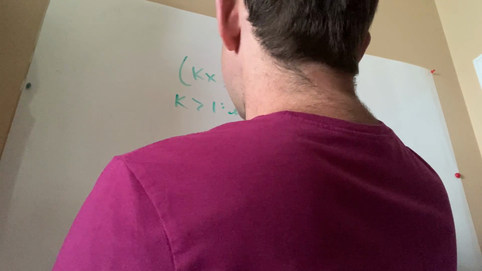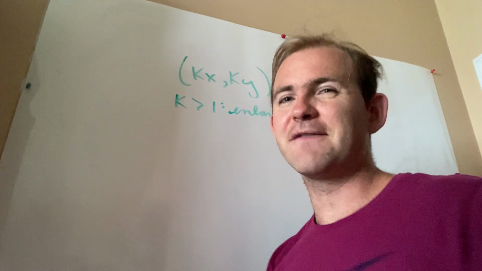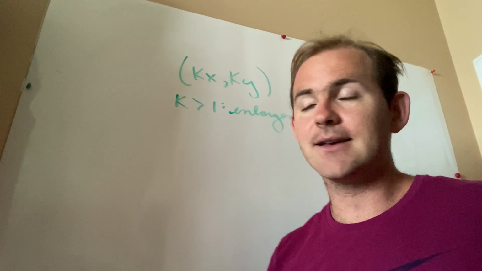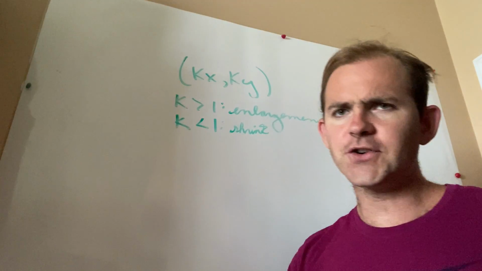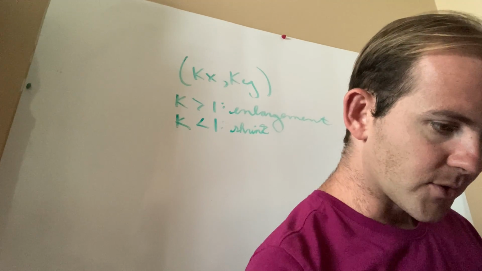Now, if k is greater than 1, we would say that this is an enlargement, right? Think about it. If k is 2, that means it's getting twice as big. If k is 3, 3 times as big. By contrast, what if k is a fraction less than 1? Then we would call this a shrink. Or, alternatively, you could call it a reduction, if you prefer, okay?